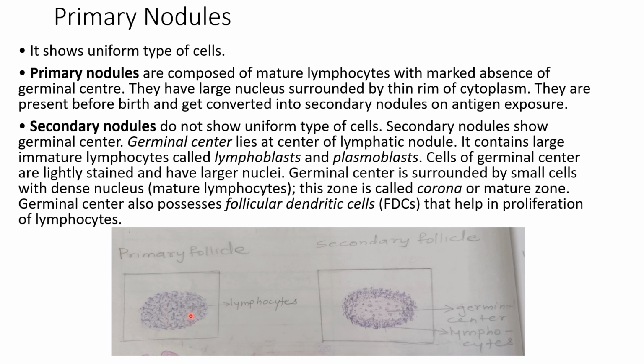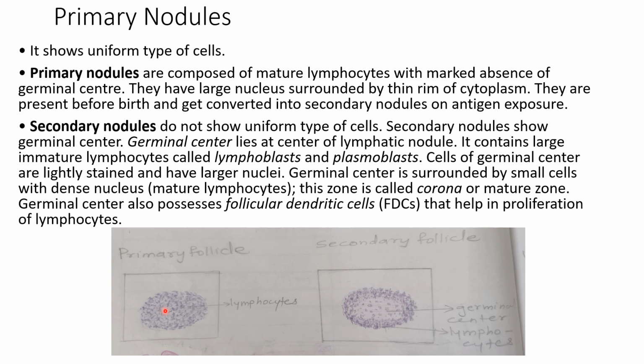The primary lymphatic follicles or nodules have mature lymphocytes in them and there is absence of germinal center. Here the cells have a larger nucleus and there is a very thin rim of cytoplasm. So the nucleus stains blue. That's why it is densely stained with blue color, because the nucleus is larger compared to the cytoplasm.